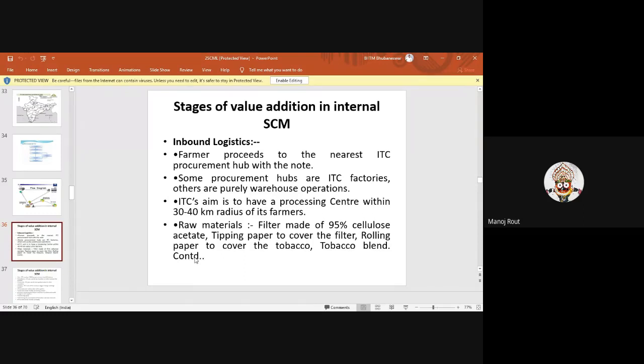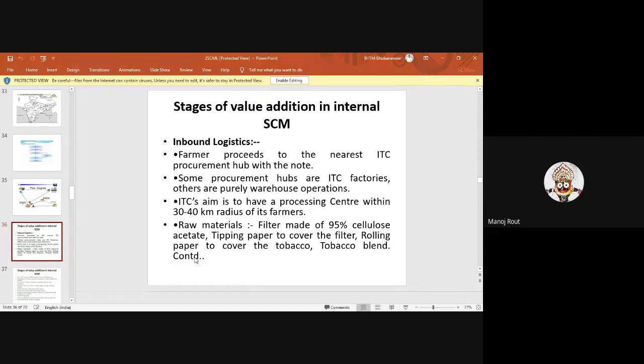That is why they tie up with the Indo-Arya Group in case of purely warehouse operations. The next point is ITC aims to have a processing center within a 30 to 40 kilometer radius of its farmers. So as I told, in case of value addition in internal supply chain management, they are directly focused on the rural market, where they can maximize their profitability through value additions.